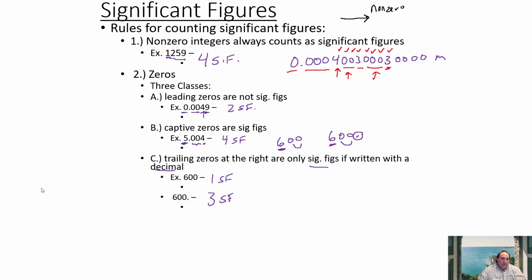That now leaves our zeros here at the end. Are they significant? Again, hopefully you are shaking your head: yes, they are significant because way over here, there is a decimal point written.